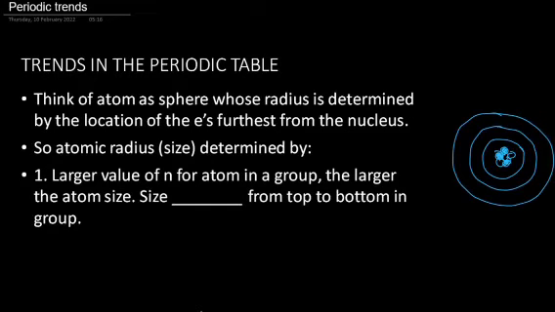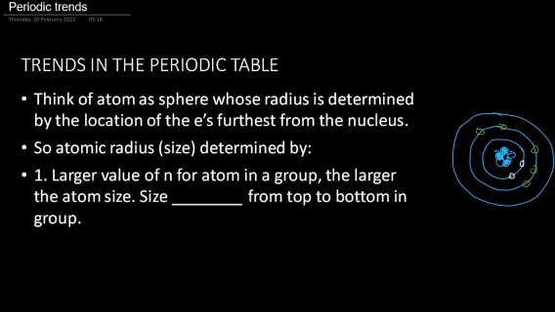The atom whose outermost electrons are sitting on the first energy level or period is going to be smaller than an atom whose electrons are sitting on the second level.